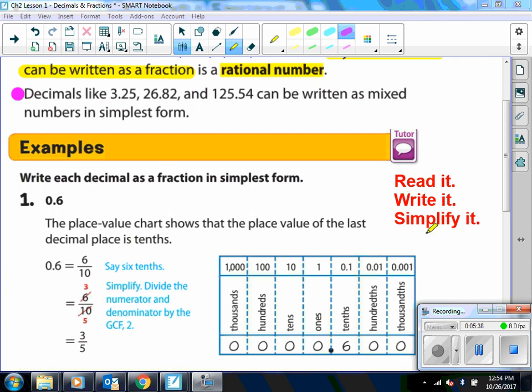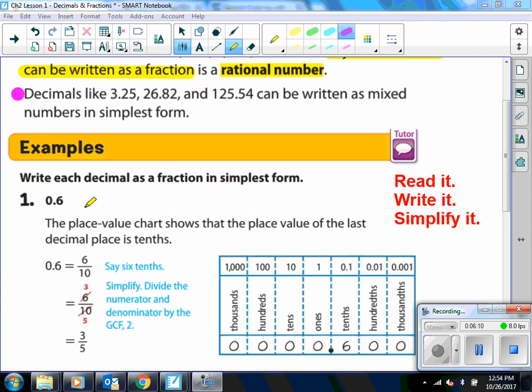So we're not going to say 0.6, we're going to say 6 tenths. Is everybody clear with that? So it's very important that you know how to read a decimal, so you need to know your place values, okay? So this is 6 tenths, and of course 6 tenths written as a fraction is 6 over 10. Then we can simplify the numerator and the denominator by dividing by 2, and we end up with 3/5.